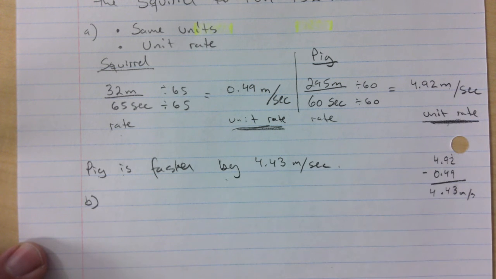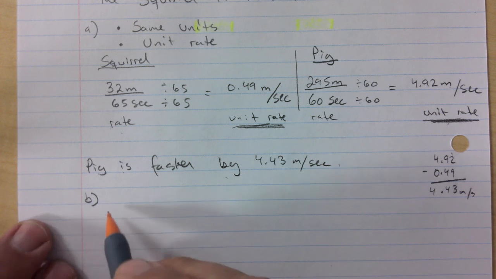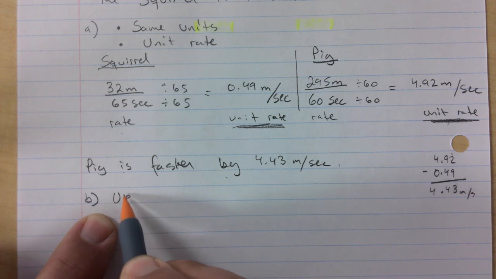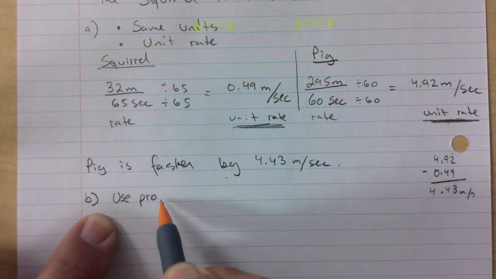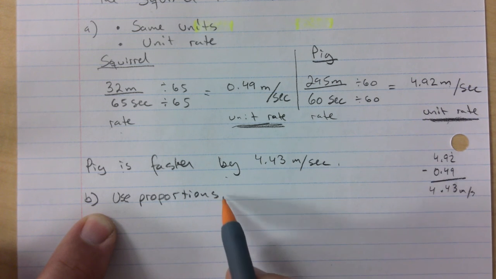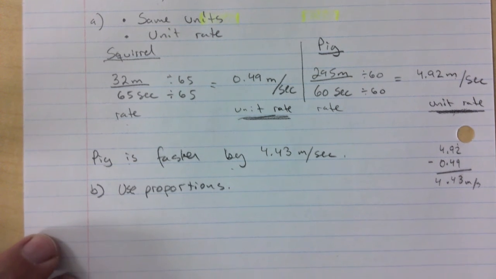B, how long would it take for the squirrel to run 152 meters? Okay, so this is a classic, right? Use proportions or proportional reasoning, sometimes it's referred to, okay?